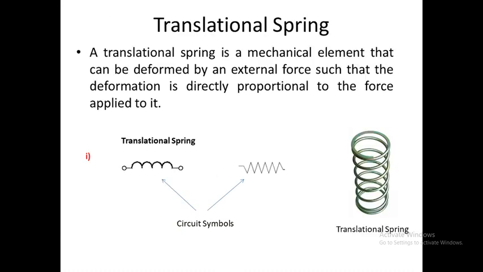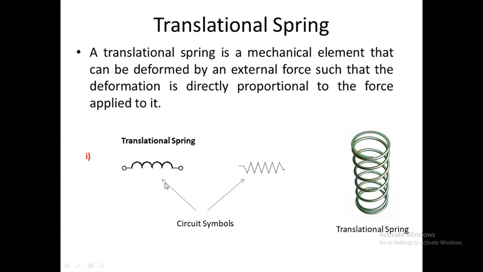So, the translational spring. The translational spring is a mechanical element that can be deformed by an external force such that the deformation is directly proportional to the force applied to it. In the PPT we see the actual mechanical spring, which we see in our day-to-day life in many cases.